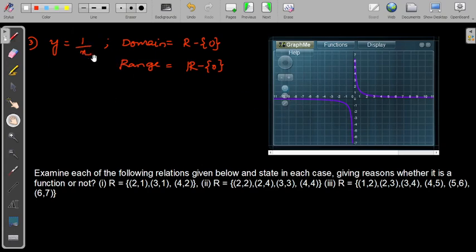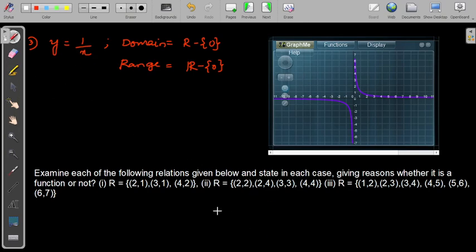When x is equal to minus 2, y is minus 1 by 2, that will come here. So all negative values of x give negative values of y, and positive values of x give positive values of y. So this is the graph of the function. Domain means the values of x at which the function is defined. Range means the values of y at which it produces the outputs.